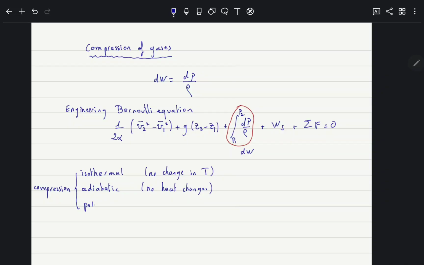Polytropic means that potentially there can be changes in temperature, there can be heat exchanges, etc. So it's more like a general case. All right.